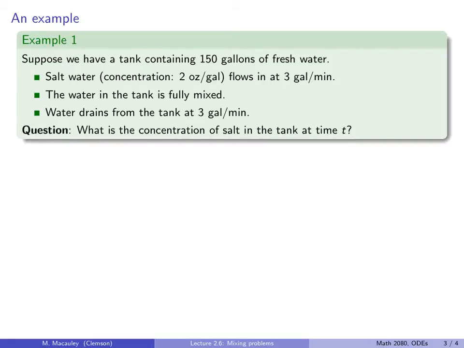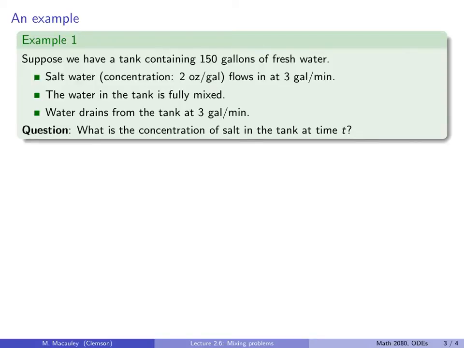Okay, so let's do an actual problem with actual numbers. Suppose we have a tank that contains 150 gallons of fresh water. Suppose that the water that comes in is salt water with a concentration of 2 ounces per gallon, and it flows in at 3 gallons a minute. Let's assume that the water in the tank is fully mixed and the water drains out at the same rate.